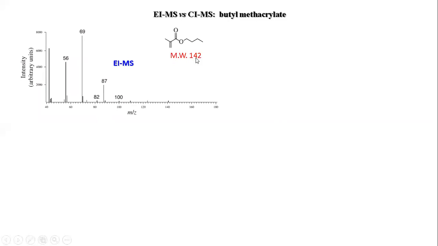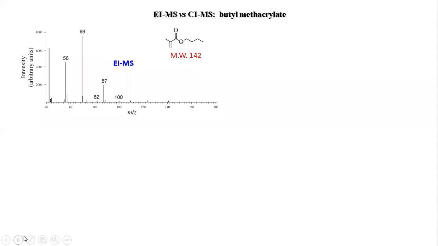I'm not considering the digits after the decimal, just taking the regular mass, so 142 I have considered. This is the molecular weight. Now, if you look at the EIMS, do you find the peak of 142 here?